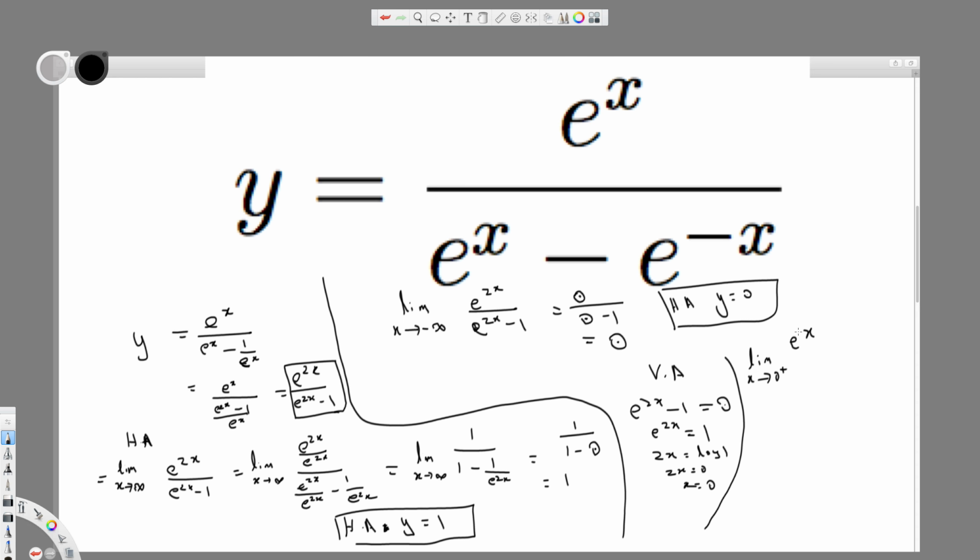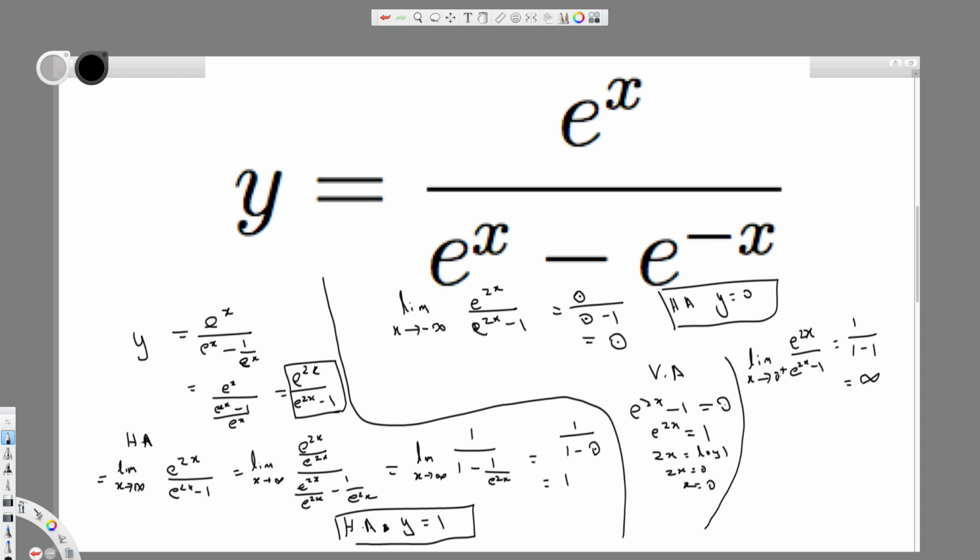Let's write the simple form, e^2x over e^2x minus 1. If I plug 0 for x, e to the power of 0 is 1, so 1 over 1 minus 1 is going to be 1 over 0, therefore it will become infinity.